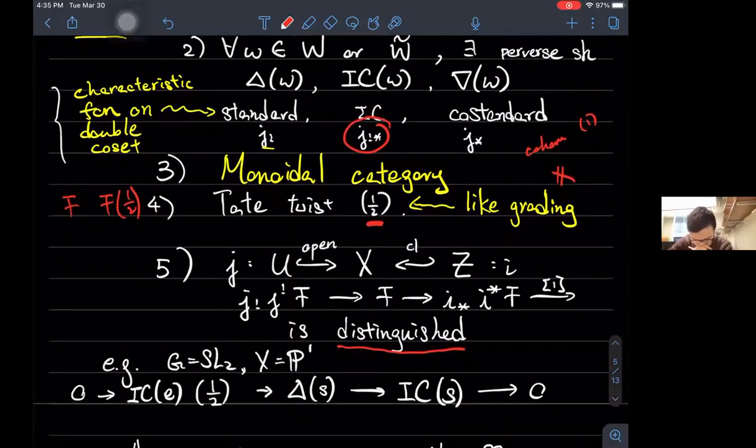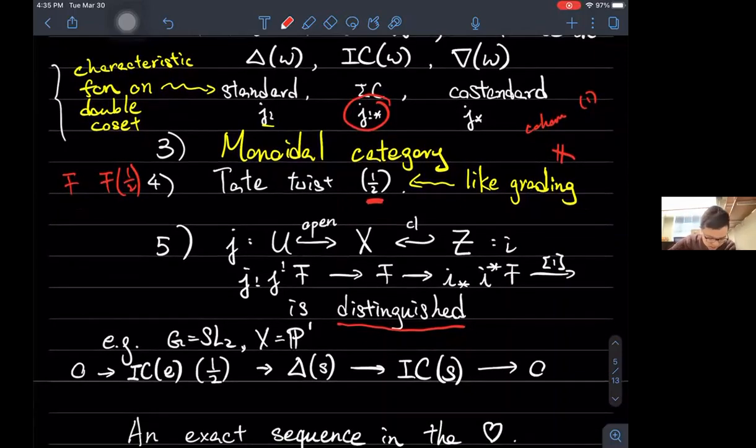If G is SL_2 and X is the flag variety P^1, then X is naturally stratified into two pieces, the zero point and the complement of zero. And if you expand this distinguished triangle, you will get these three terms.